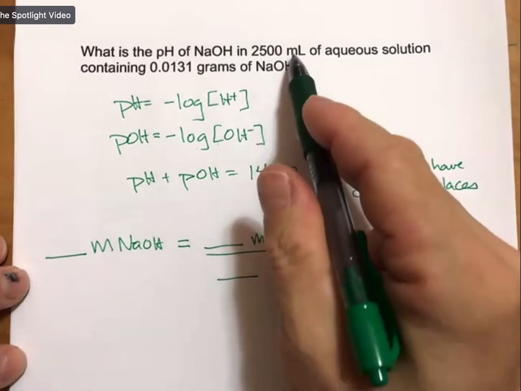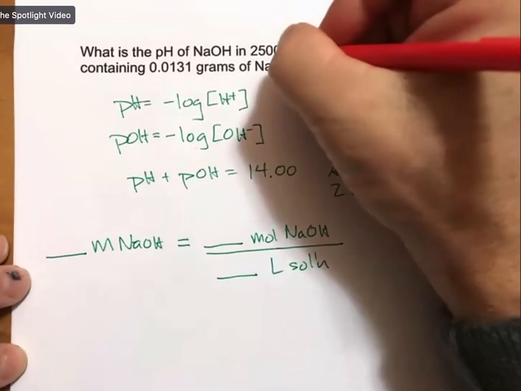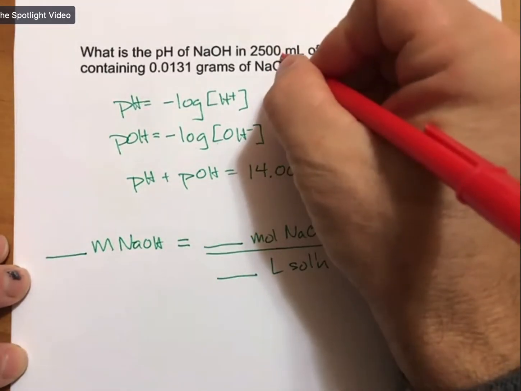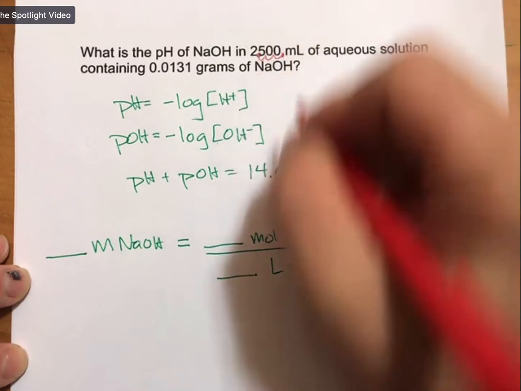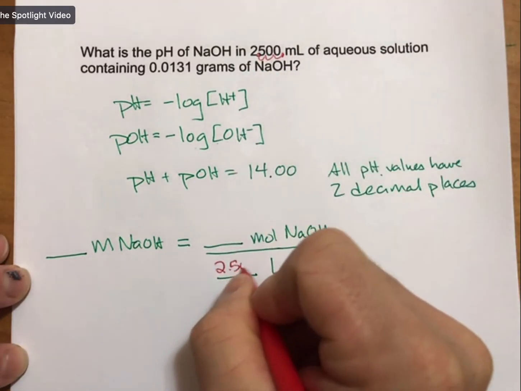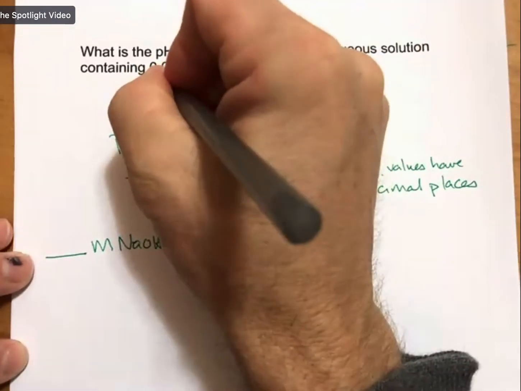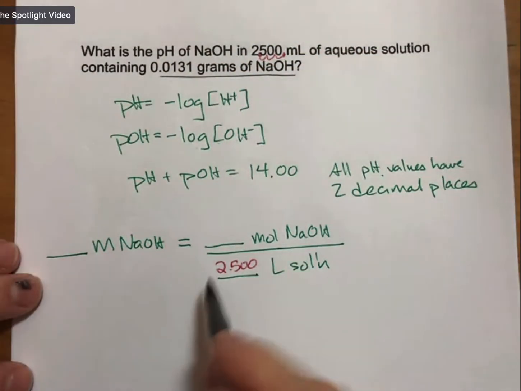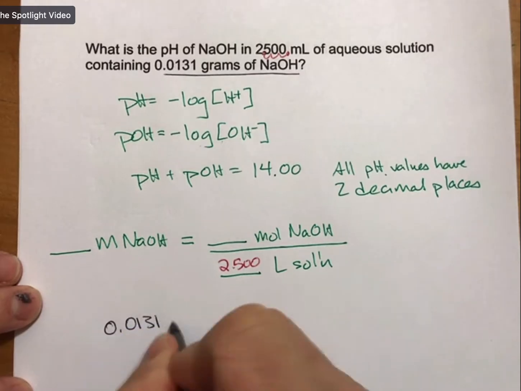I have my milliliters, so I can convert that into liters. Milliliters, move the decimal point 1, 2, 3 places to the left, and I get 0.025 liters. I have my grams, which I can convert into my moles, 0.0131 grams.